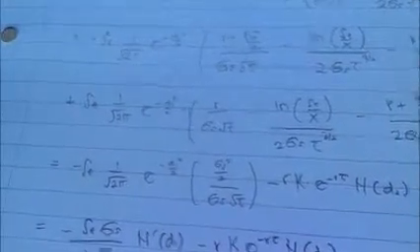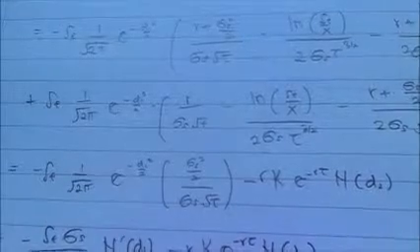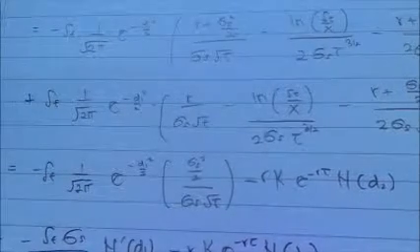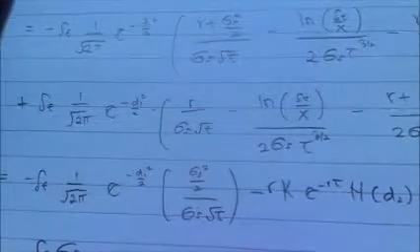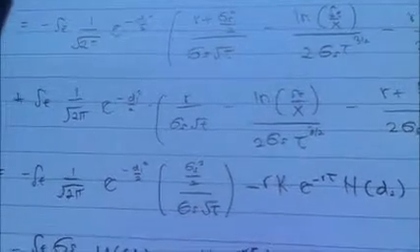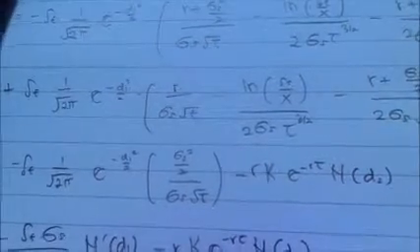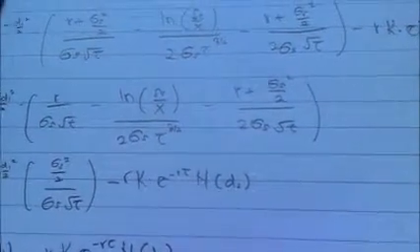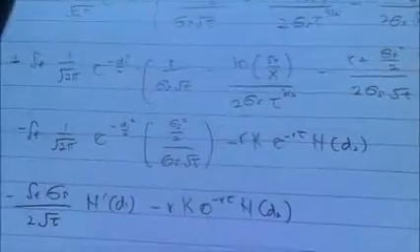Plus S_t 1 over root 2 pi exponential negative d1 squared over 2 times open brackets r sigma root tau minus ln S_t divided by S divided by 2 sigma tau to the 3 over 2 minus r plus sigma squared over 2 to sigma root tau close bracket.